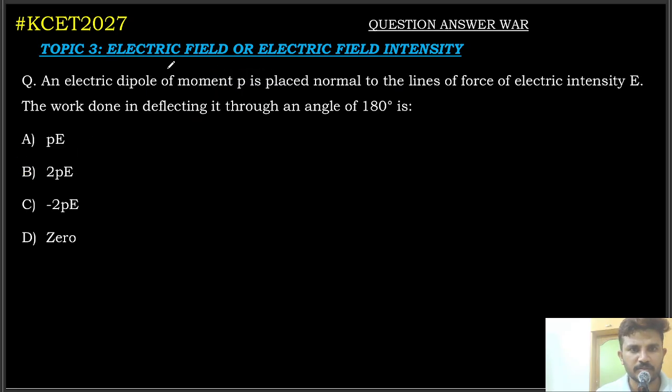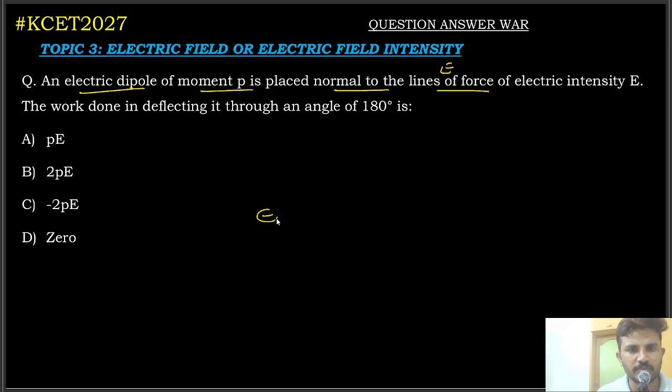Clear? Next, an electric dipole of dipole moment P is placed normal to the line of force, that is the electric field E.